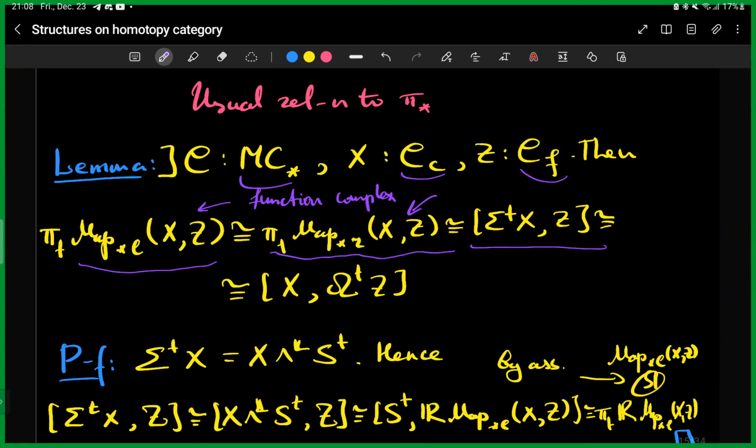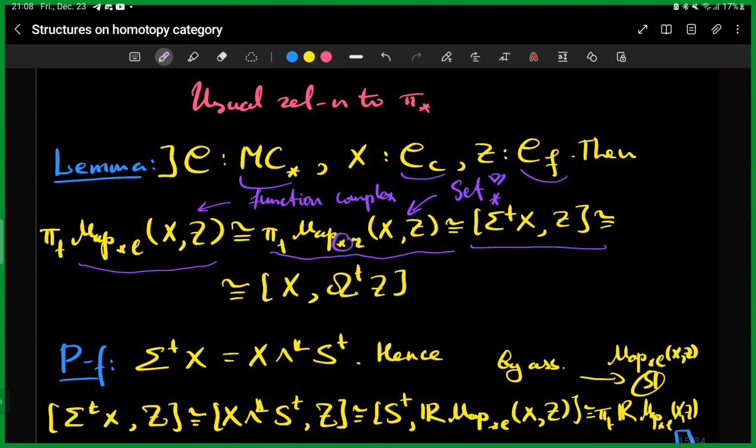Okay. And this thing here belongs, strictly speaking, just to the category of simplicial sets and even pointed simplicial sets, because here we consider the mapping space of maps which preserve the base point. So we have the canonical base point, which corresponds to the map which collapses everything to the base point.